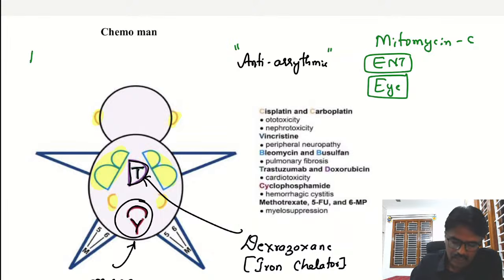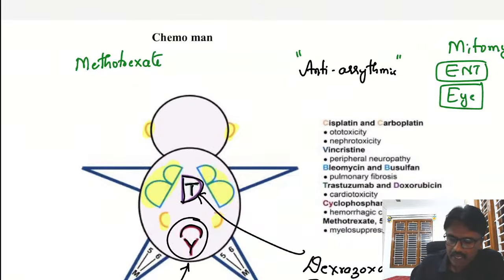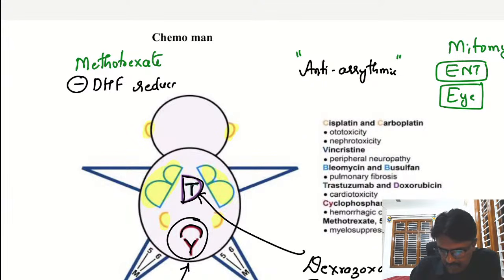Again, another drug which is frequently tested in your exam is one common drug, methotrexate. So what they will ask you is, what is the mechanism of methotrexate? Methotrexate inhibits an enzyme called dihydrofolate reductase. Now, my question to you all, what is the antidote for methotrexate toxicity?